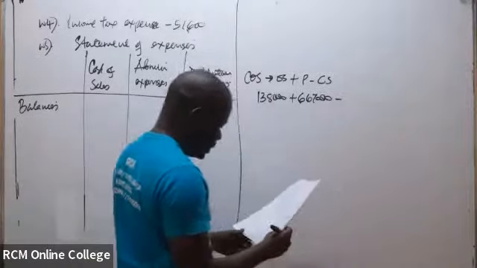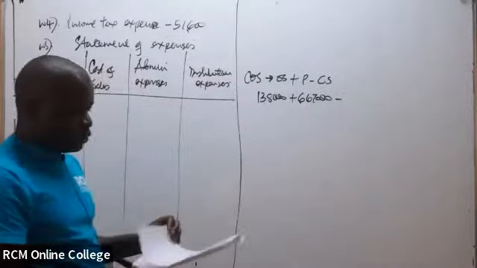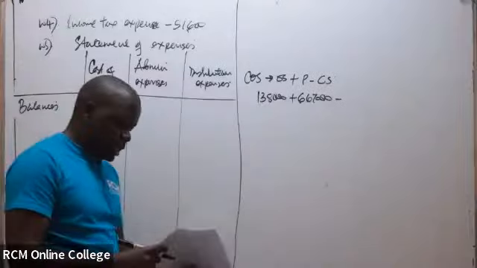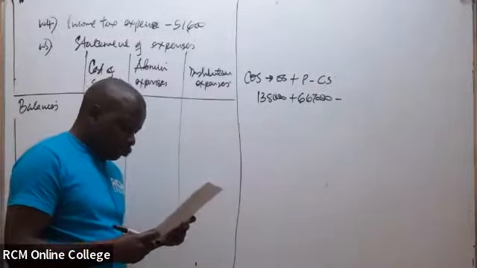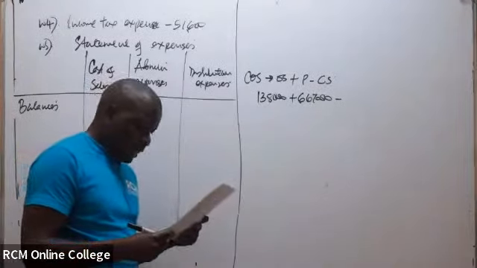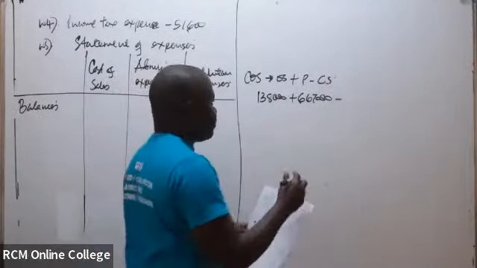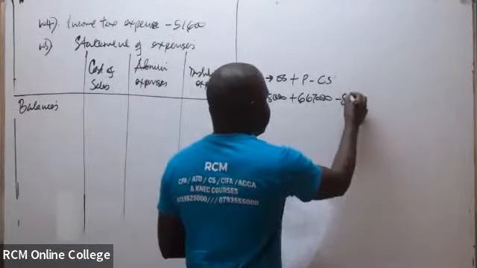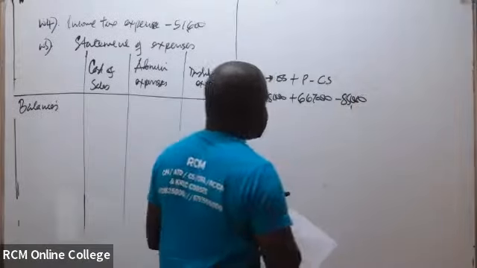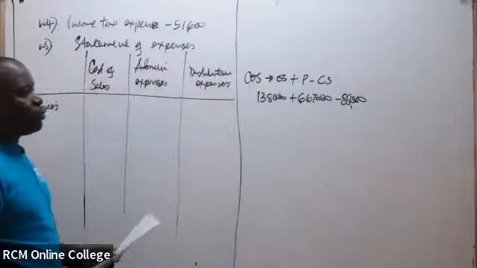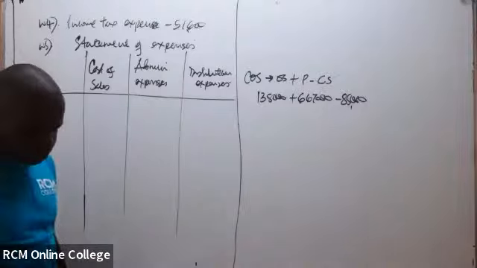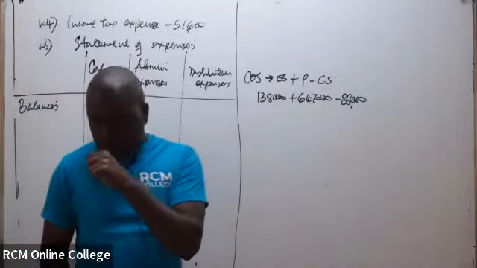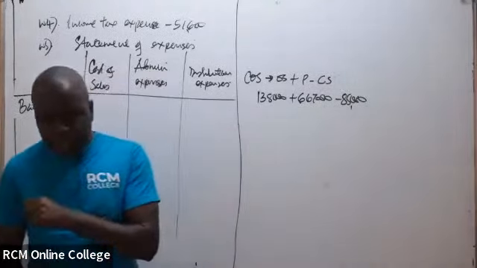Then we less what you've been given as the closing inventory in additional information number 5, which is 85,000. So try to do the computation. What do you get when you do that computation?